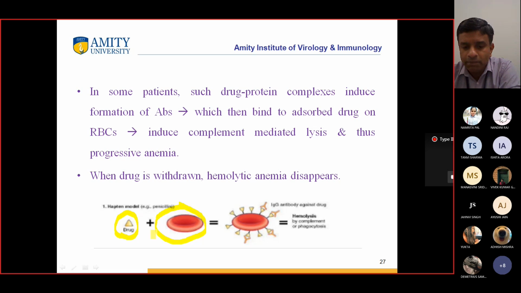But in some people, this drug will bind to the RBC like this, and when this happens, antibodies are generated against this drug. When antigen antibody binding takes place on the surface of a cell, it leads to activation of the complement system, and because of that this cell will lyse, and because of which anemia will happen. Clear?